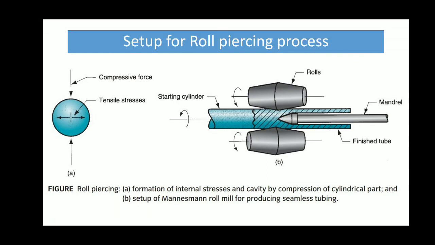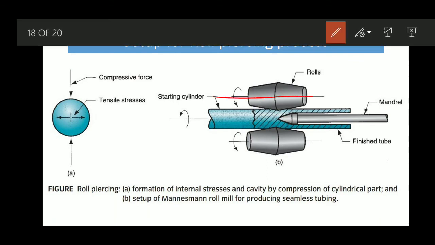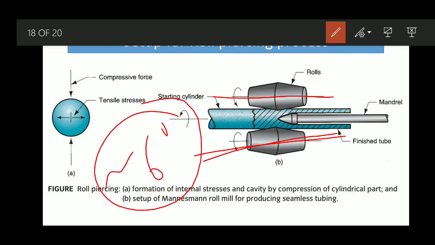Because of the application of high compressive force through these two rolls, which are generally inclined at an angle of around 6 degrees or so, the process of internal crack formation will occur, and we can use a mandrel so that we can very easily pierce through the center position.